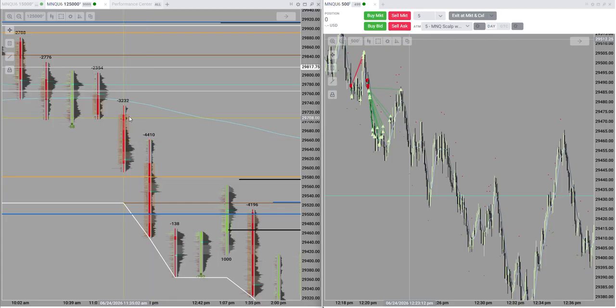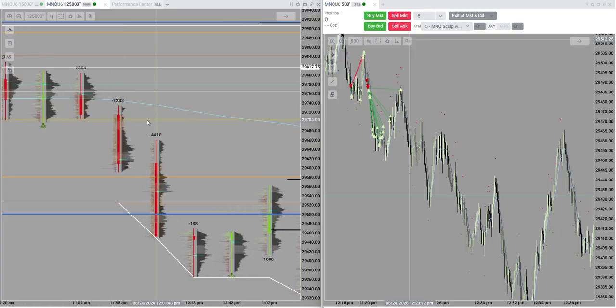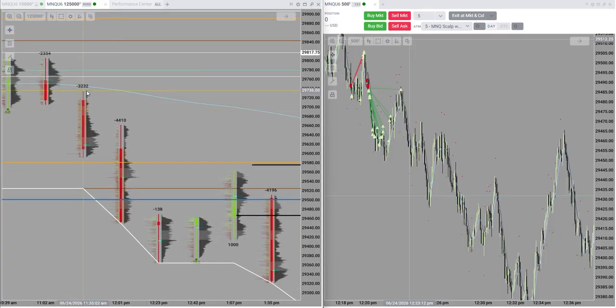So we had established this volume. We broke down underneath it, and then we went back up, and there's no interest in saving it. There's no buyers there to pull this higher. And we saw the failure, and then we saw the creation of volume lower.